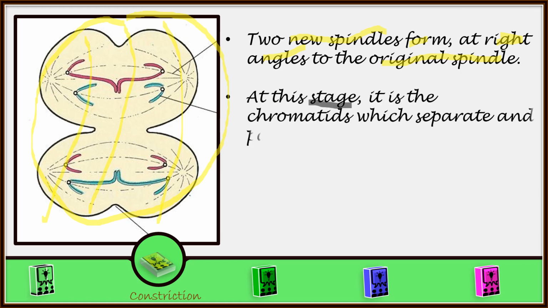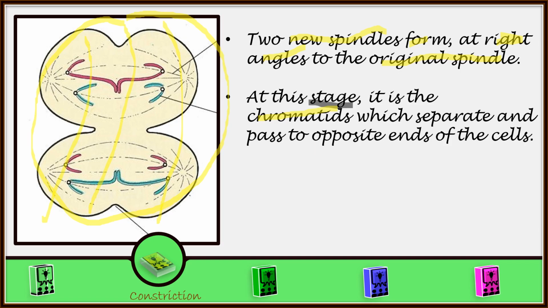At this stage, the chromatids separate and pass to opposite ends of the cell. So we saw originally that the cell had divided itself into 2 to form the upper cell and the lower cell.